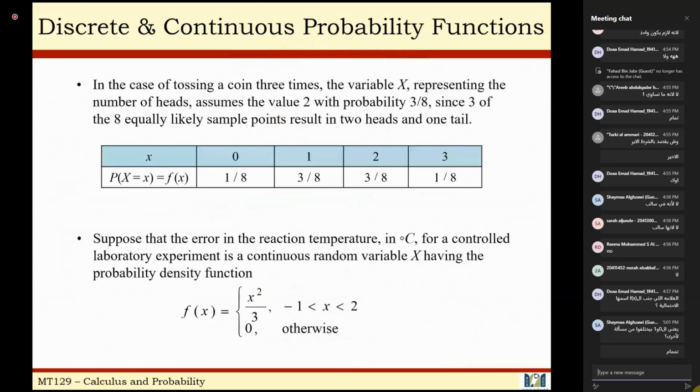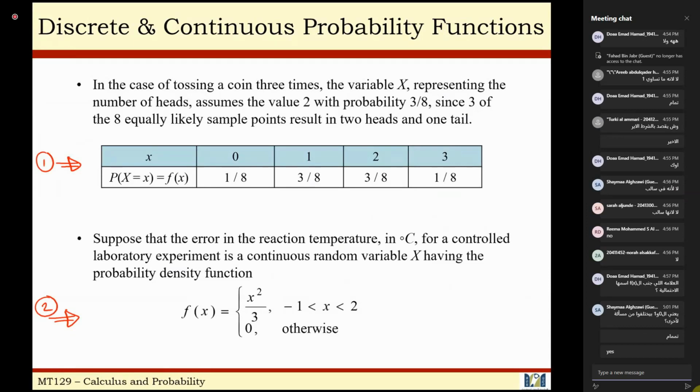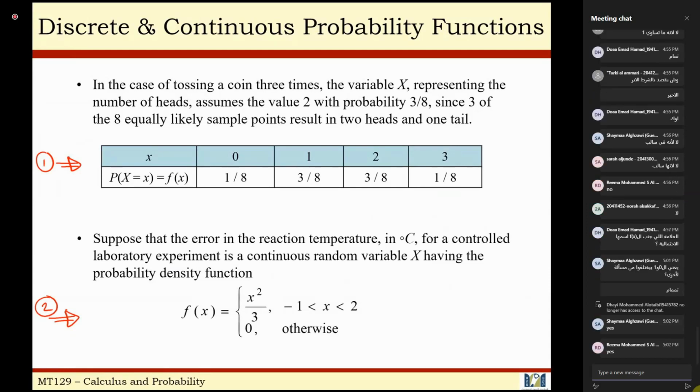مثال يعني للتوضيح على الدنسيتي، على الديسكريت، هذا الديسكريت وهذا continuous. شوف على الديسكريت, look at this example in the discrete random variable. This is mass function, probability mass function, yes or no? The first table, this one, number 1, this is number 2. Number 1, mass function, yes. Why?